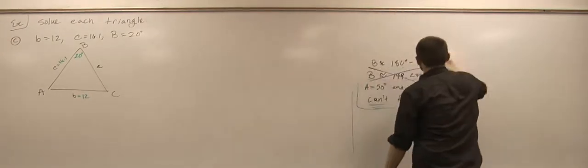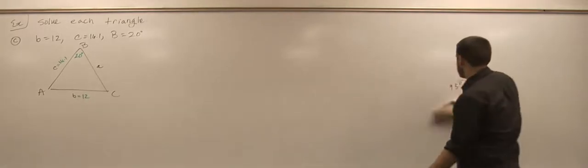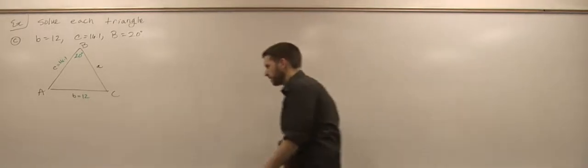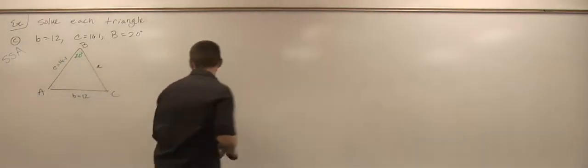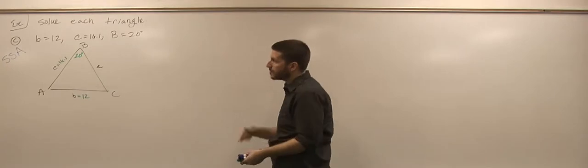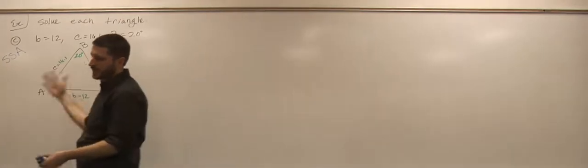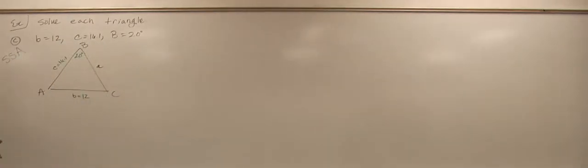So you'll notice I'm in the annoying case, the ambiguous case, where I have side, side, angle. So I have two sides and the excluded angle, which means I could have 0, 1, or 2 triangles depending on how the numbers work out. So I set it up.